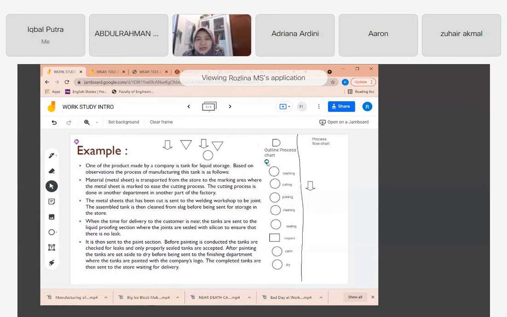Zuhair chinchilla. The other one? This green one. This symbol. Only two active. I can see only two active. Or maybe you have done your job here. But okay, there is one more.